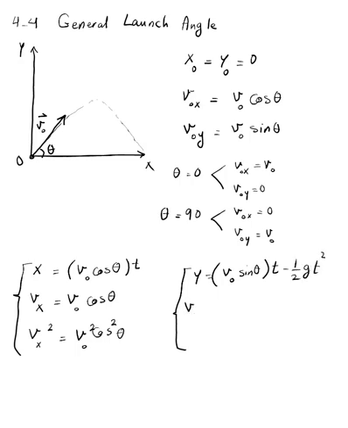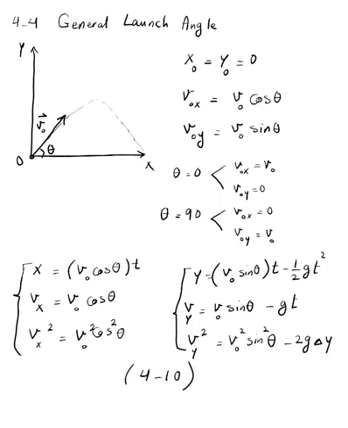Then v in the y direction is v naught sine theta, the v naught y part, minus g t, and vy squared equals v naught squared sine squared theta minus 2g delta y. So three more for the y direction, and all of this is called equation 4.10 in your book.